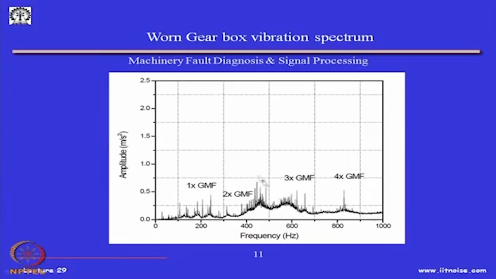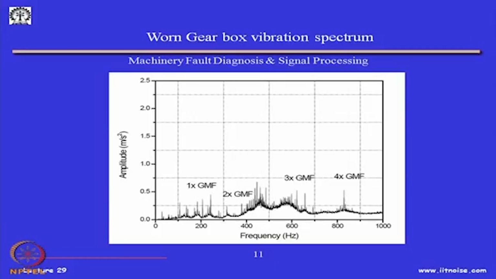Now, when we had a one gear case, okay, there is a change in the amplitude. In this case, I am showing you a comparison, though the amplitudes are actually from a different gearbox. So, it is not fair to compare between the first graph and this graph, but then there is a difference in the spectrum.